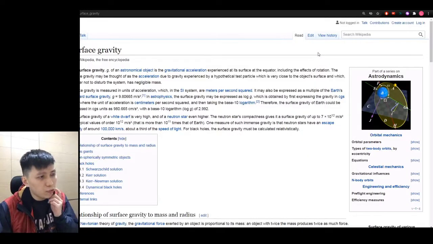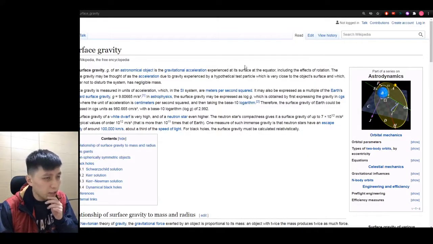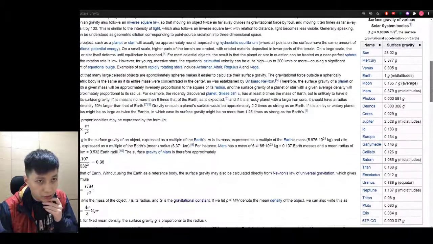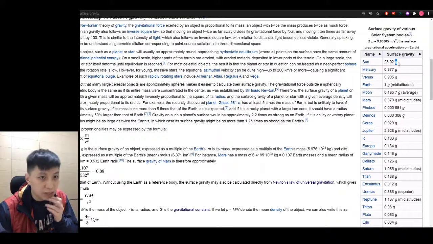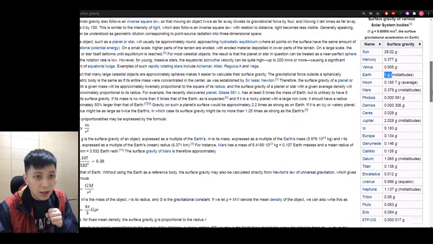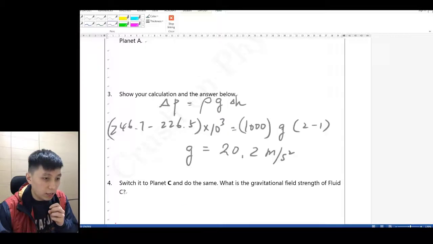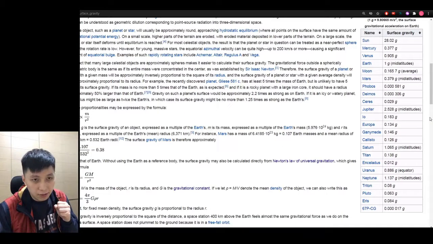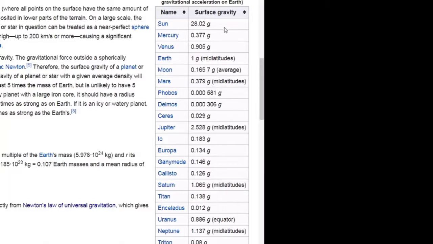I'm just really curious what it would be, so I go and check out the surface gravity of different planets. Here's a list. G means the one that is referenced to the Earth, and therefore Earth is defined as 1G, being the standard. We are trying to find out, because we got 20.2, so roughly 2G. Along the whole list, 0 point something.